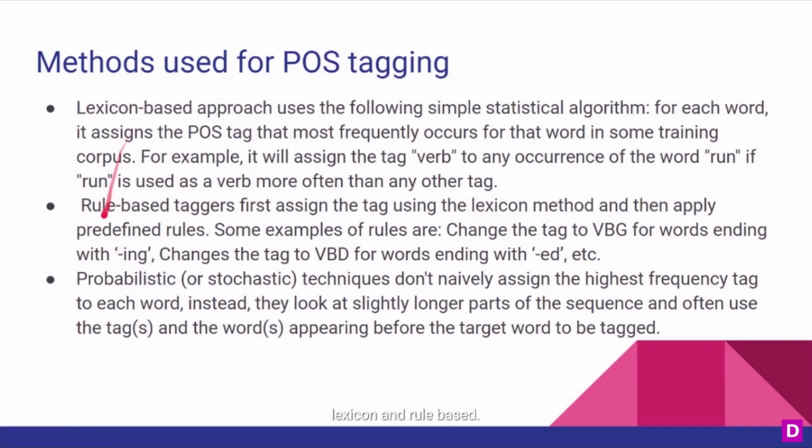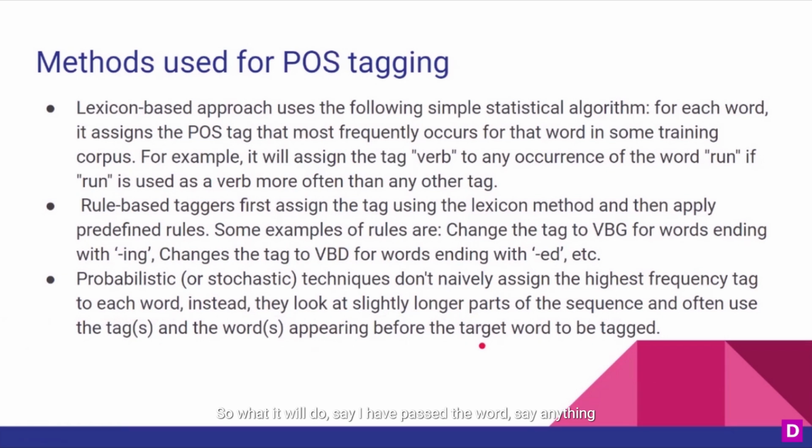So it will not directly go with any set of rules as in the rule based, or directly take the frequency and tag that word with a particular tag. Instead, it will look at slightly longer parts of the sequence and often use the tags and words appearing before the target word to be tagged.